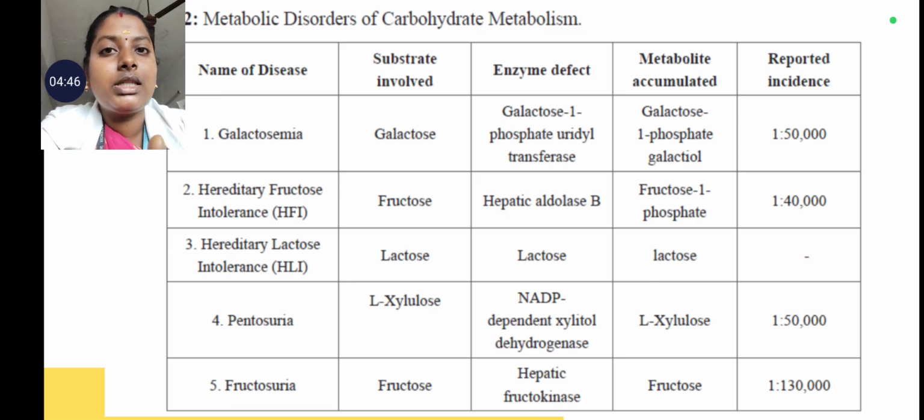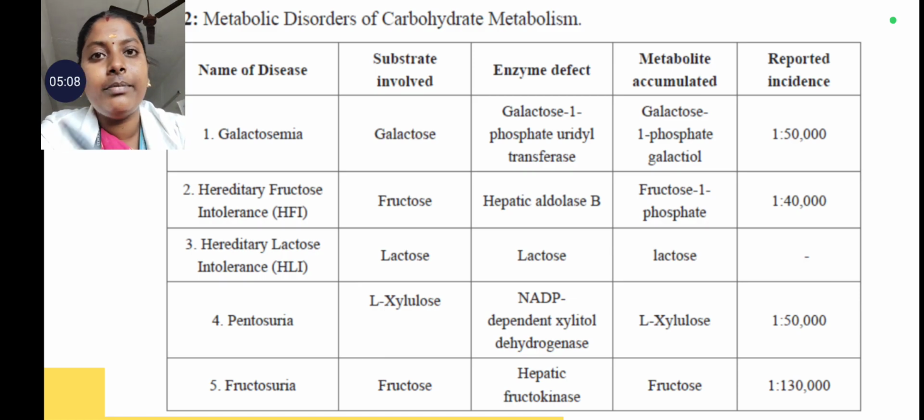So if a person has a deficiency of lactase enzyme, he or she may not digest lactose. Several adults and children have a fear of eating milk products because he or she does not have the lactase enzyme. So these are all the common disorders associated with carbohydrate metabolism.